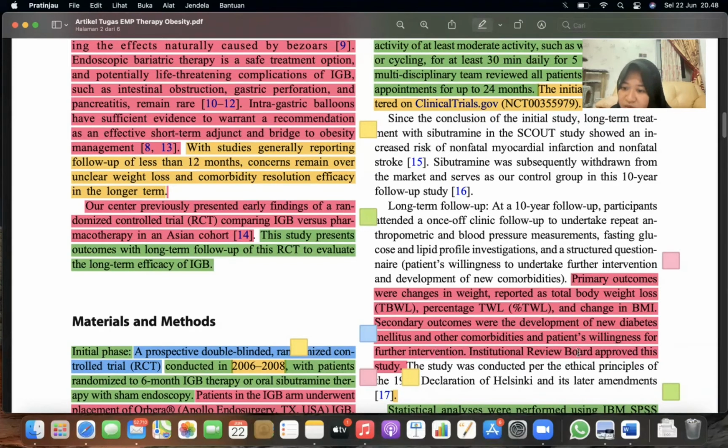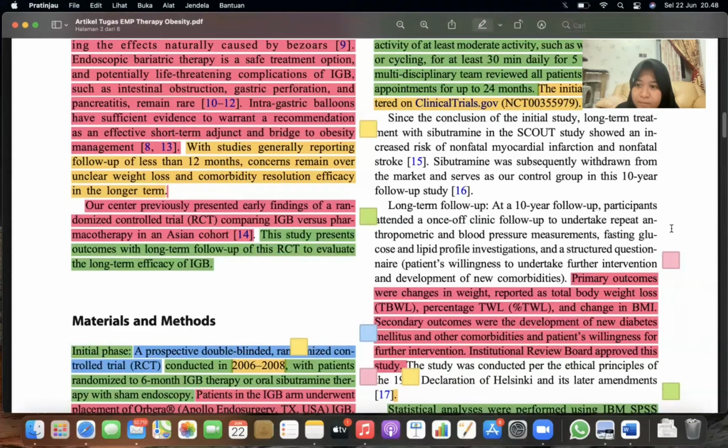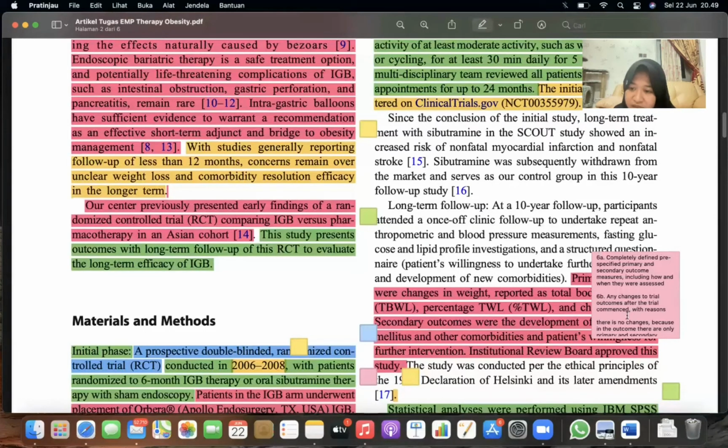Institutional review board approved this study. Okay, the next is number 6B, any change to trial outcome after the trial commenced with reason. The author did not report it in this article.